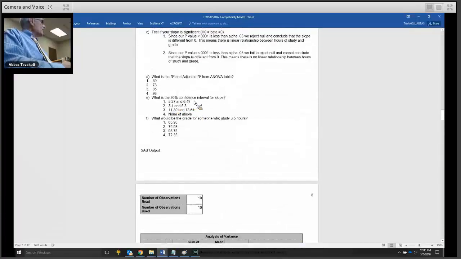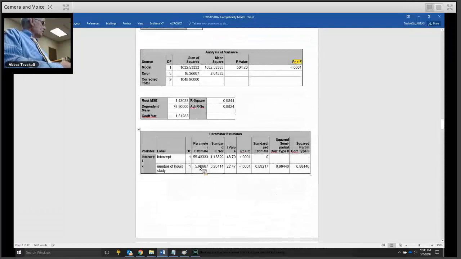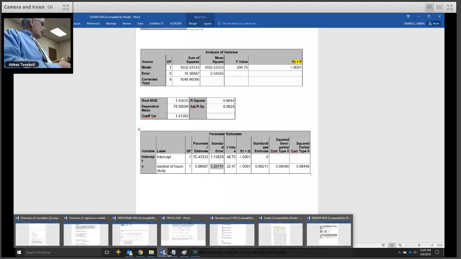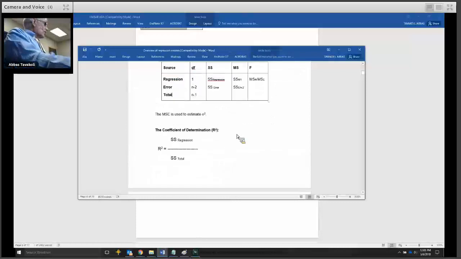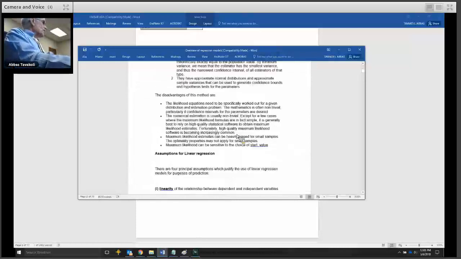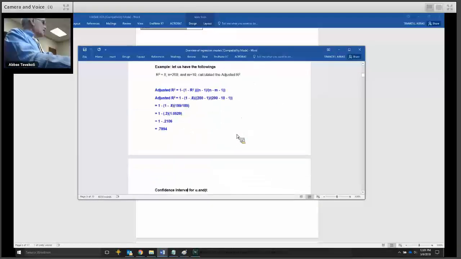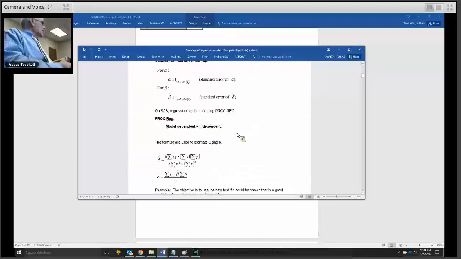And the 95% confidence interval for your slope. Remember, this is your slope and this is your intercept. The standard error, I'm sorry, standard error. So you have these two values. Now, in order to calculate the confidence interval in regression, you have your slope plus or minus the t value from the table times the standard error.